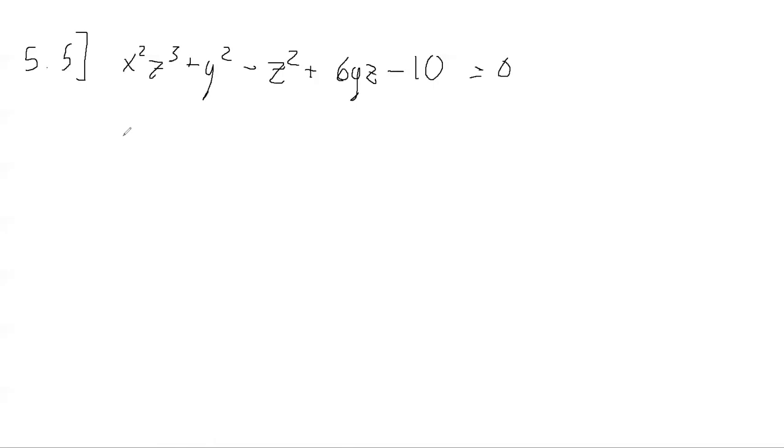Before we do any f of x or f of y, implicit differentiation formula number 2 is basically saying you have to find your partial derivative of z with respect to x and with respect to y.